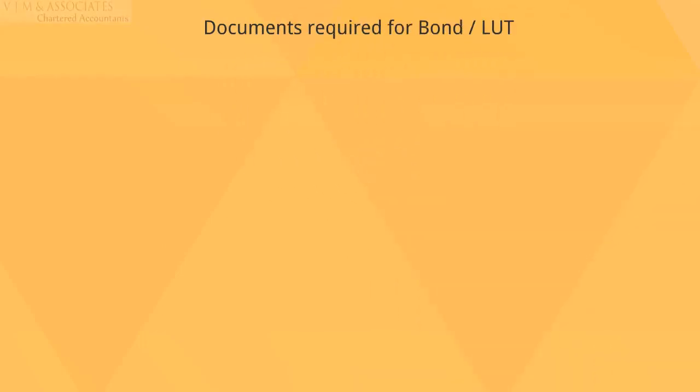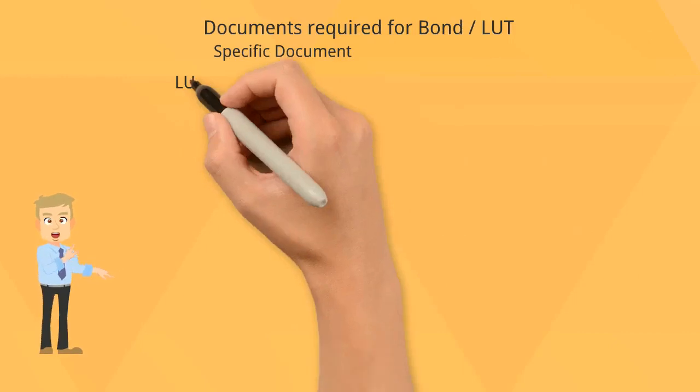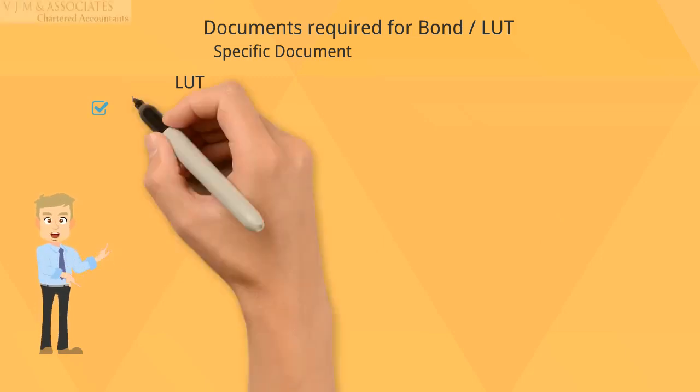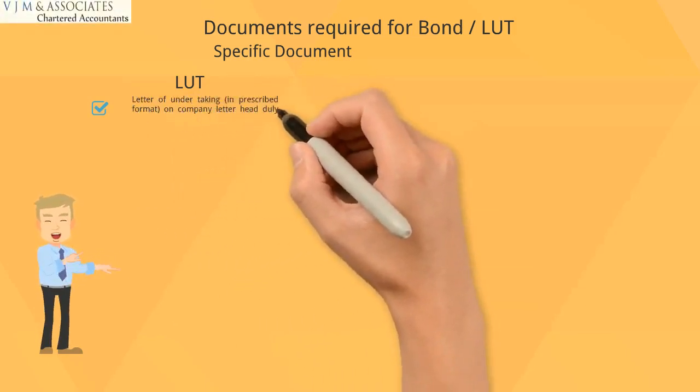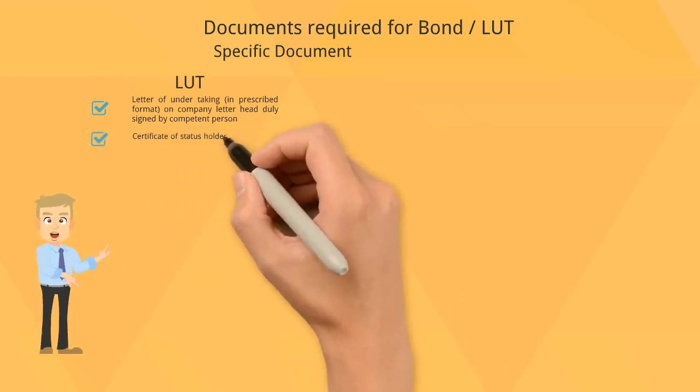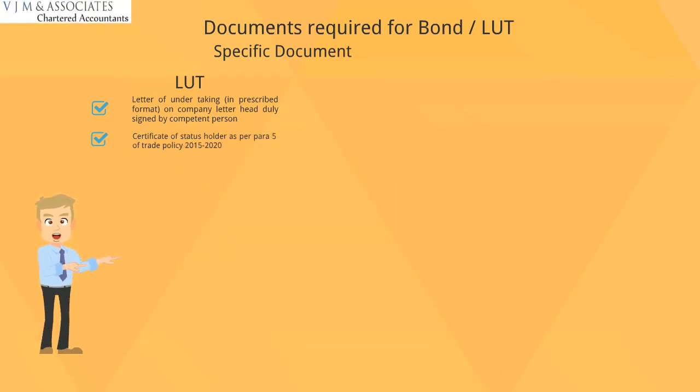List of documents required for export. Specific documents required in case of LUT: Letter of Undertaking, in the prescribed format, on company letterhead duly signed by a competent person. Certificate of status holder as per Para 5 of Trade Policy 2015 to 2020.